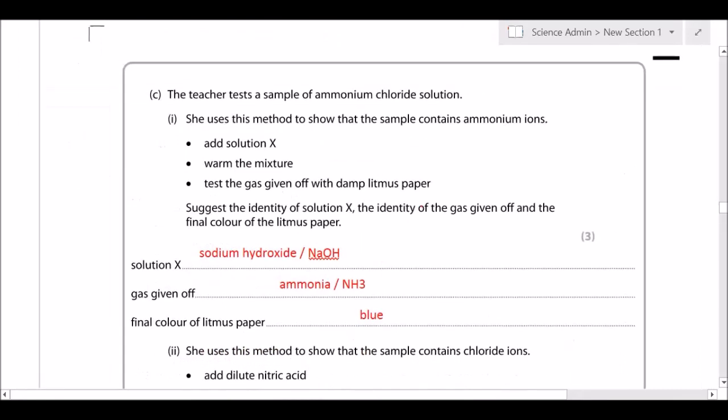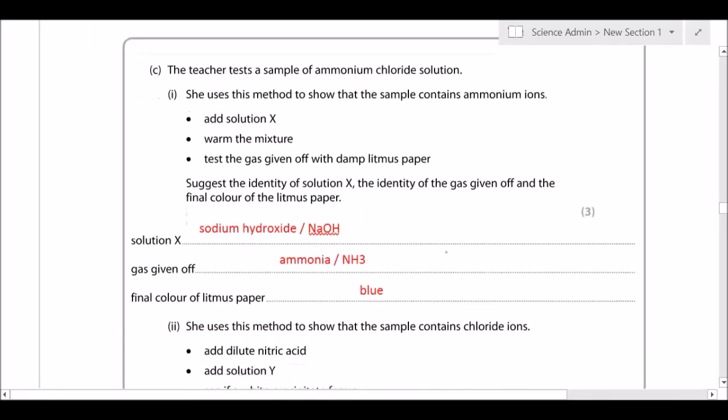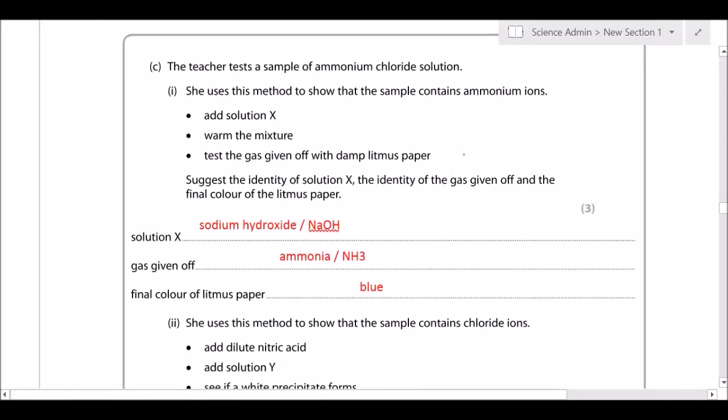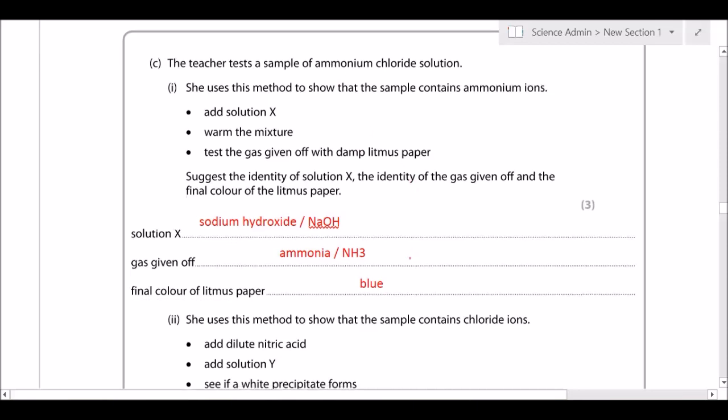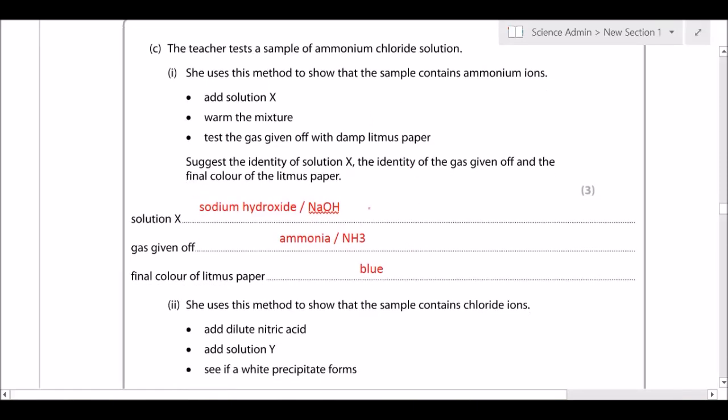Next up, a teacher tests a sample of ammonium chloride solution. Suggest the identity of X. So he adds X, warm mixture, and tests the gas given off. Now, you should know the test for ammonium ions from year 9. So if you add sodium hydroxide and warm it, you will get ammonia gas. This is the one which kind of smells pretty bad.